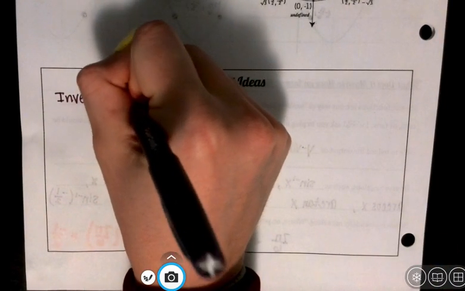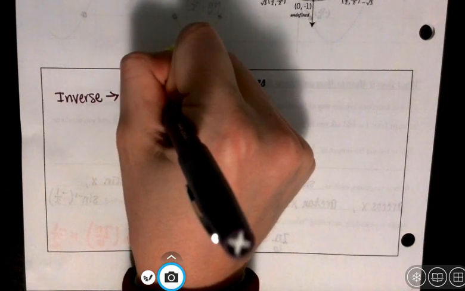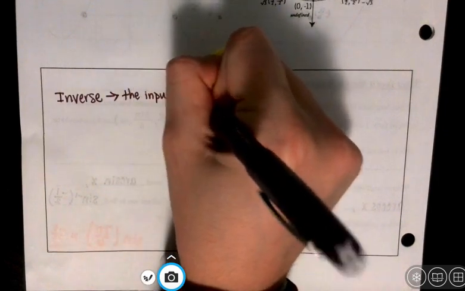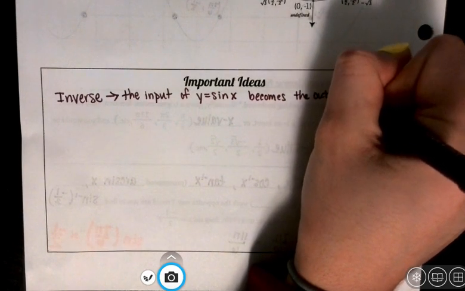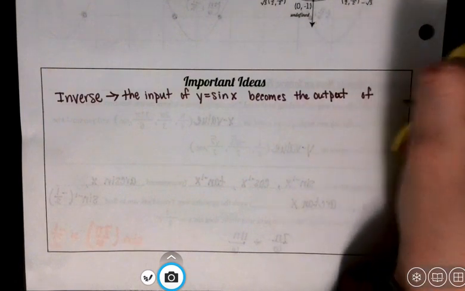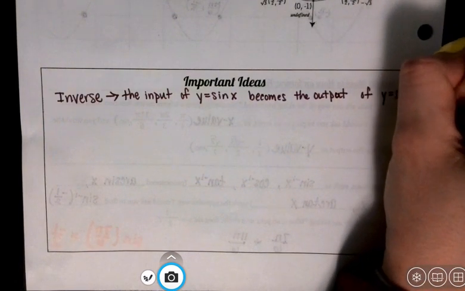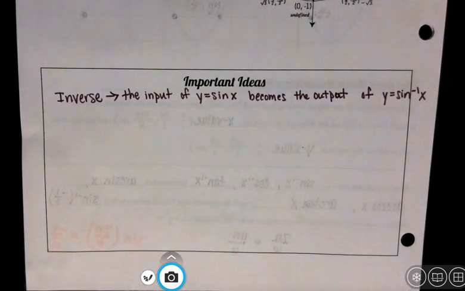So we're going to say the input of y equals sine of x ends up becoming the output of y equals arc sine of x.